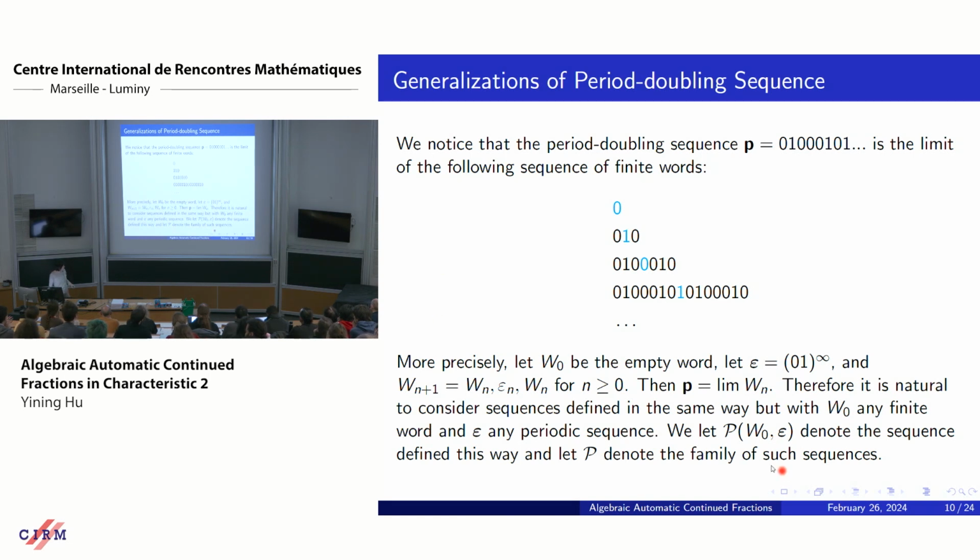We let this be the sequence defined by the initial condition W0 and epsilon, and we let P denote the family of such sequences. This is one way to generalize.